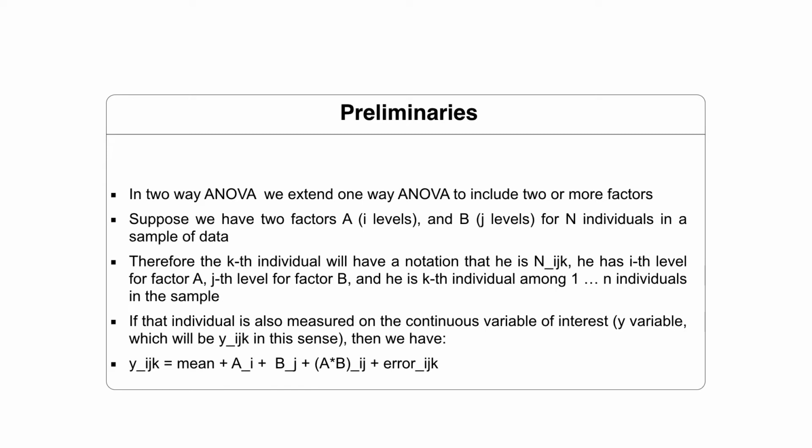And then, in addition to what would be some sort of an overall population mean, effect because of the individual category of the variable A and individual category of the variable B, and interaction of A times B, that is I times J categories, it is also going to have an error term, and that error term is unique to the individual to whom this study belongs. And because we are here dealing with a linear model situation, that's how the linearity of it is going to work.